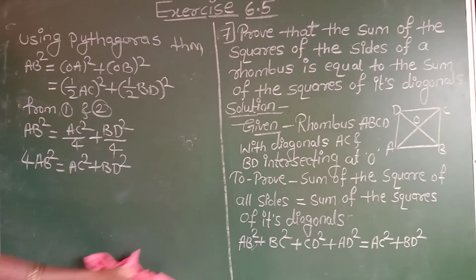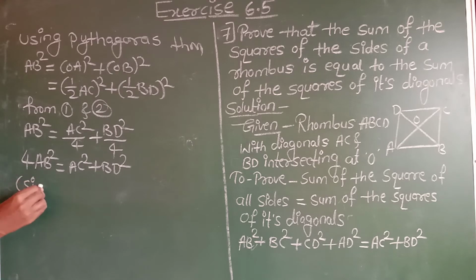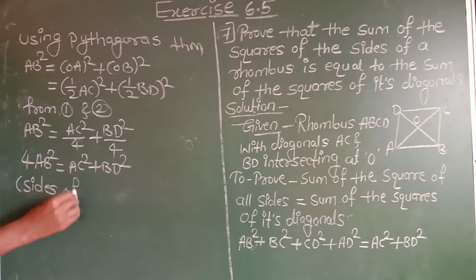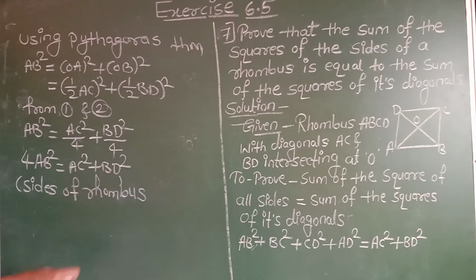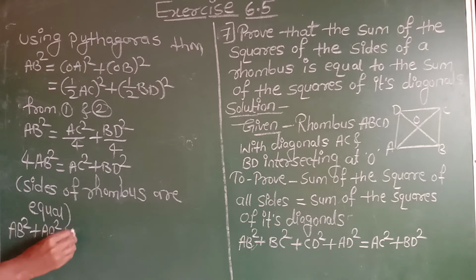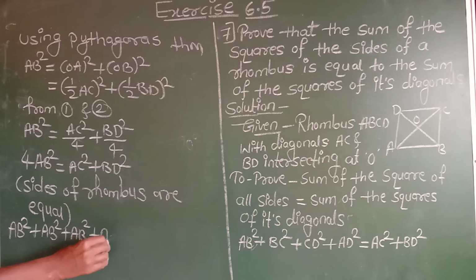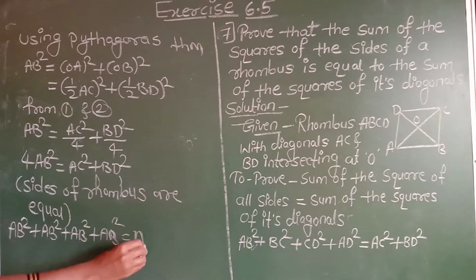All sides are equal here. Sides of a rhombus are equal. So 4 AB square means we can write AB square plus AB square plus AB square plus AB square, equal to AC square plus BD square.